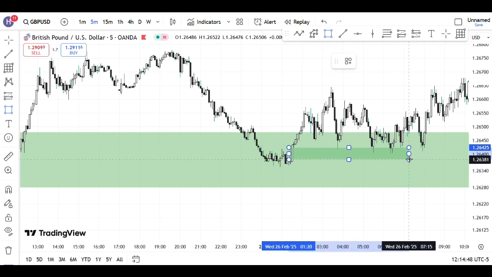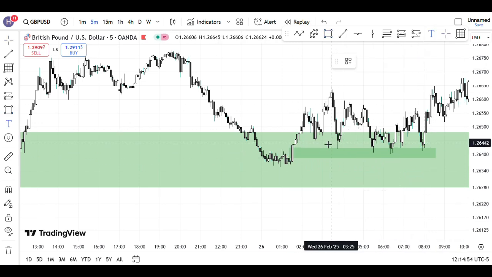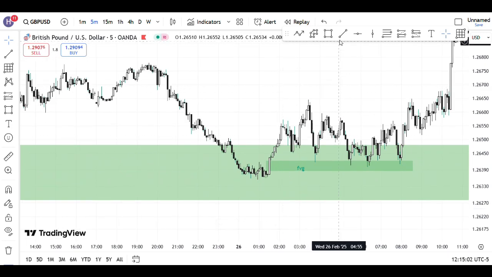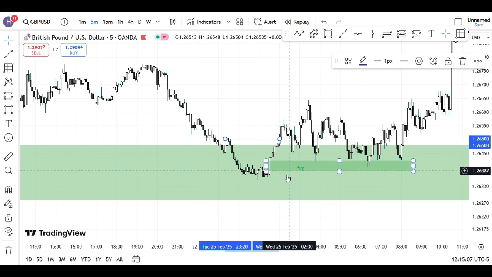I will take from this fair value gap. Okay, like this. There's a nice fair value gap here that is coming inside the 1 hour candlestick chart fair value gap, right?